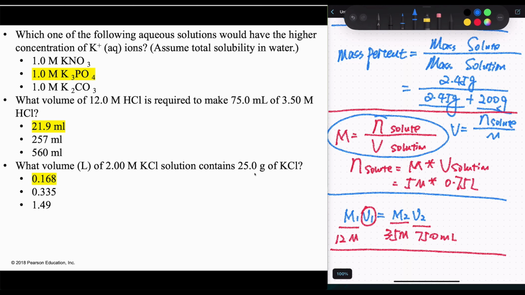The amount of the solute is given as 25.0 gram. We need to first convert 25.0 gram into mole by finding out the molecular mass of potassium chloride, which we can refer to the periodic table. Okay, and we know the molarity is 2.0, so this will be 2. So it will be quite straightforward, and the volume will be 0.168 liter.